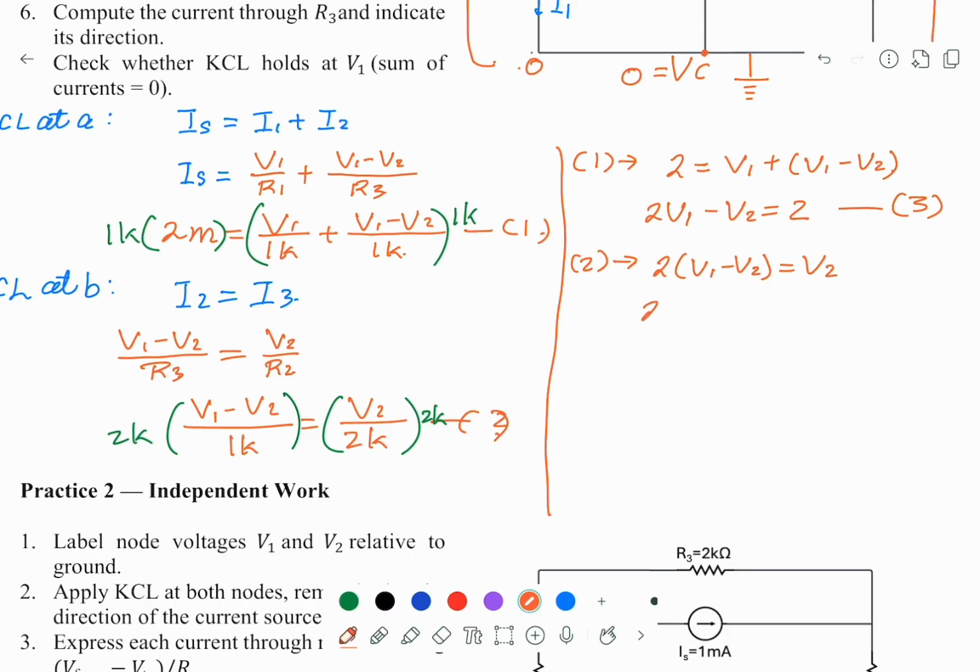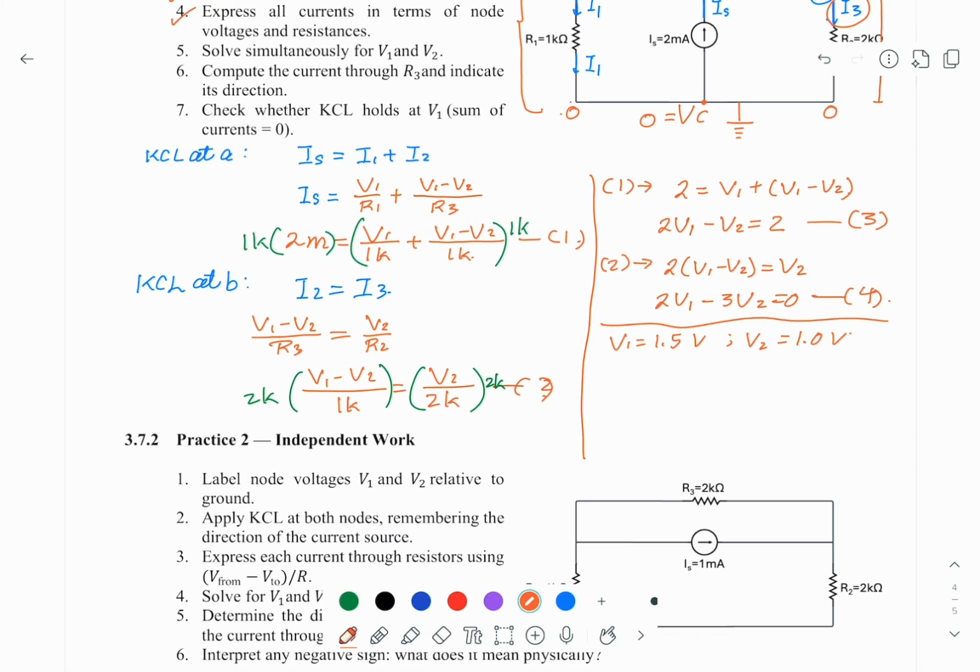So 2V1 minus 3V2 equals 0. Number 4, now solve these equations. It's very easy, and you will find V1 equals 1.5 volts and V2 equals 1.0 volts. Now we must check everything to see whether they are consistent or not.